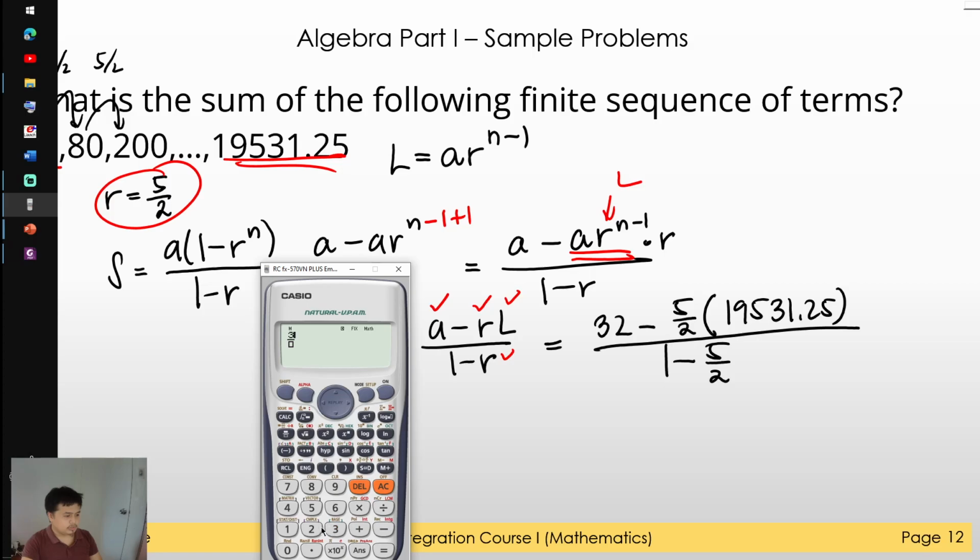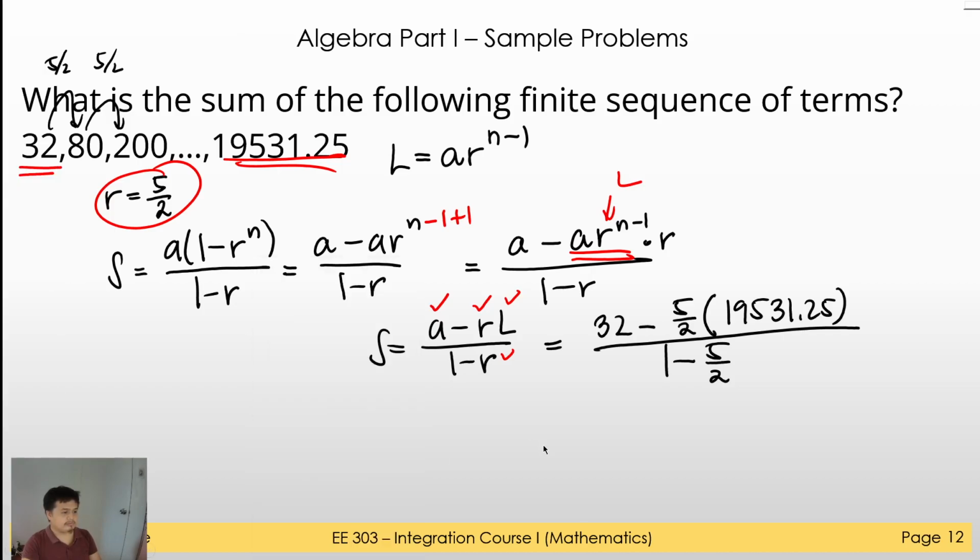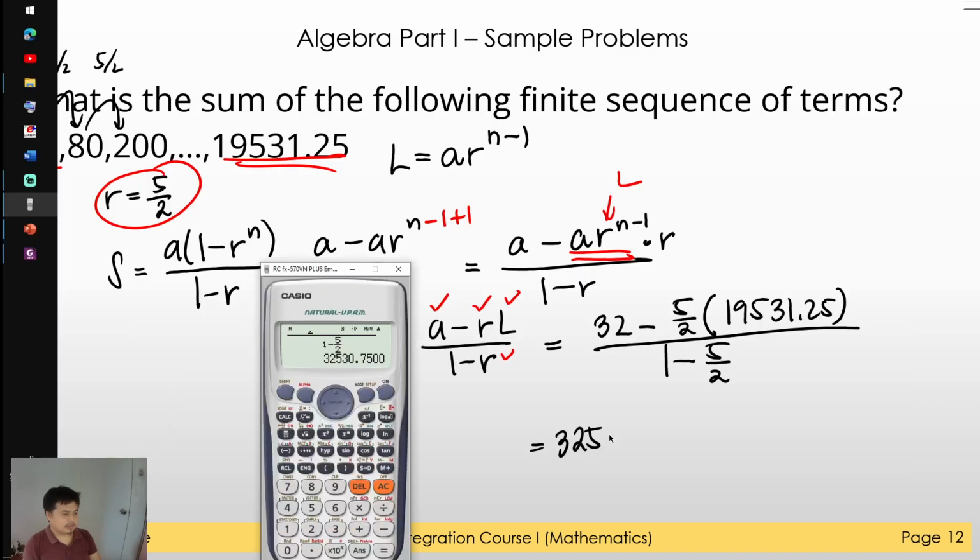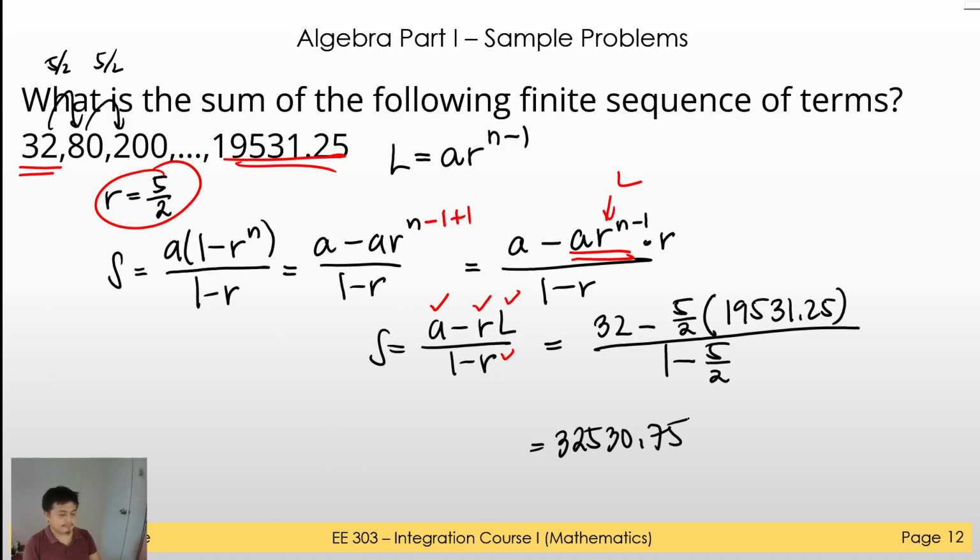So 32 minus 5 over 2 multiplied by 19531.25, over 1 minus 5 halves. Okay, so the answer is 32,530.75. Okay? So review the geometric and the arithmetic series to remember what formula we should use.